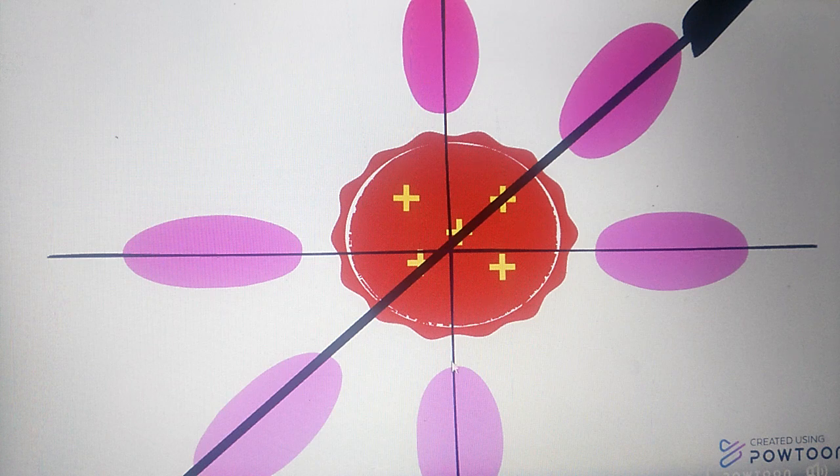On the x-axis, the ligands approach along the x-axis, so this pink colored ball indicates the ligands. Positive charge is equally distributed throughout the sphere, and all the positive lobes of the ligands will approach along the x-axis toward the s subshell.